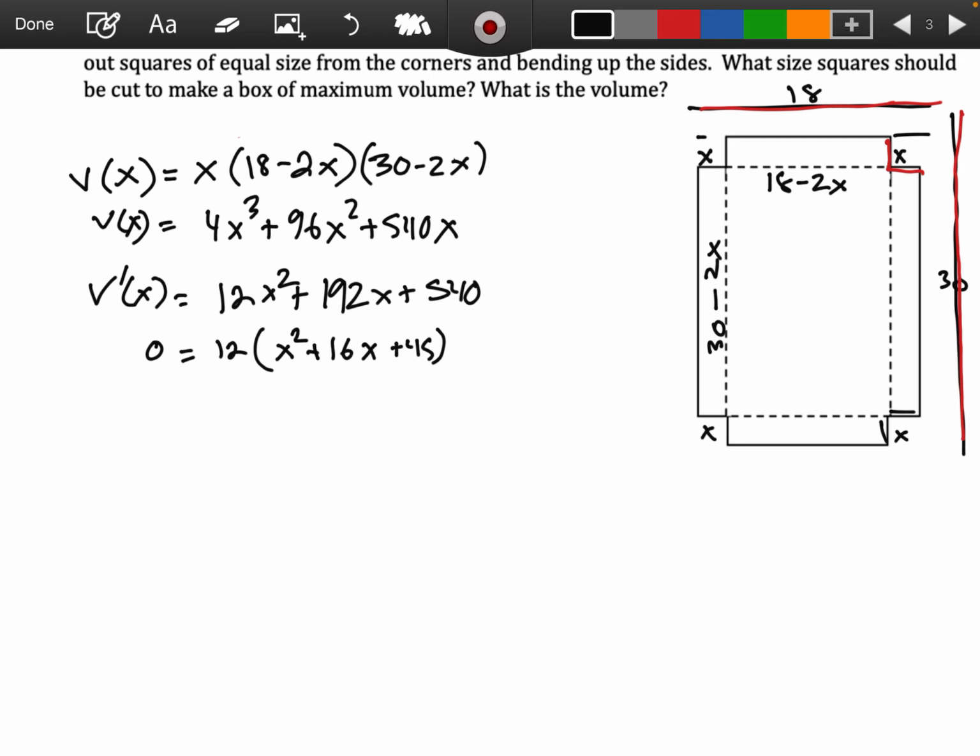So right there, now I get this quadratic formula. And you're probably asking yourself, what two numbers multiply to 45 and add to 16, right? And maybe you could factor it, maybe you can't. You would have to just try different numbers.